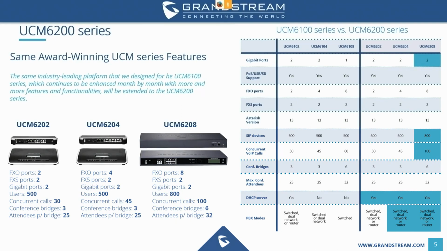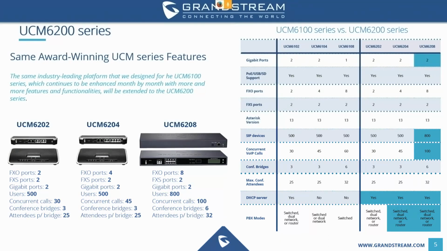So the 6200 series, again, it was a continuation of the 6100 series, same features, same functionality. You see in blue there a couple of additional features that are available in the 6200 series, which has been out for about a year now. One thing I want to mention here, because we always get this question, is that every piece of new firmware we come out with for the 6200 is also available on the 6100 series.